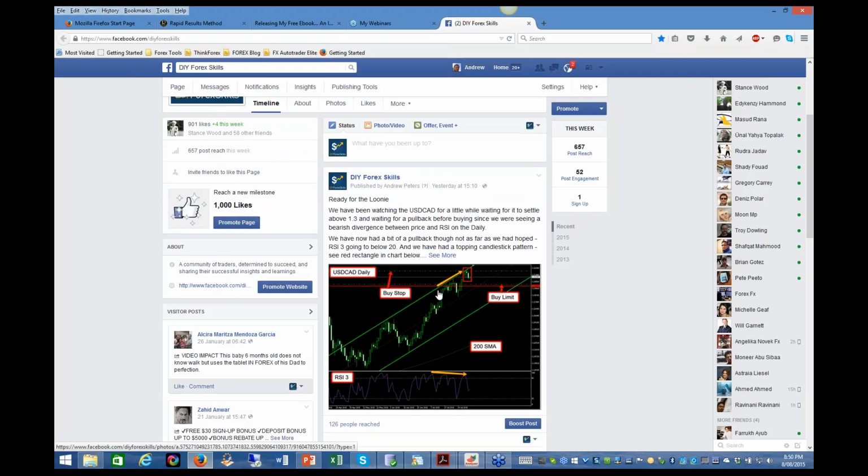The reasoning is that we are waiting for the pullback because we have a divergence, price moving up and RSI moving down. So we're waiting for that, and then I've got an entry, a buy limit order waiting here in case it does go down. And if it doesn't go down, it keeps revving up, I've got a buy stop order in place at this position here.